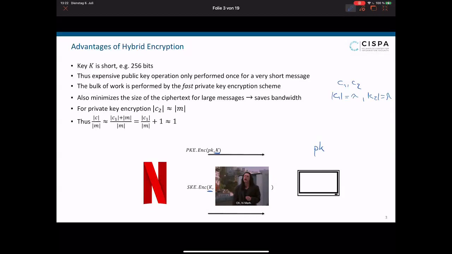Okay, but let's quickly look at the size of, or the ciphertext rate of, hybrid encryption. The ciphertext rate is essentially the size of the ciphertext divided by the size of the message. And here, what's the size of the ciphertext? This is essentially the size of the header C1, which is small, plus C2, which is essentially the size of the message.